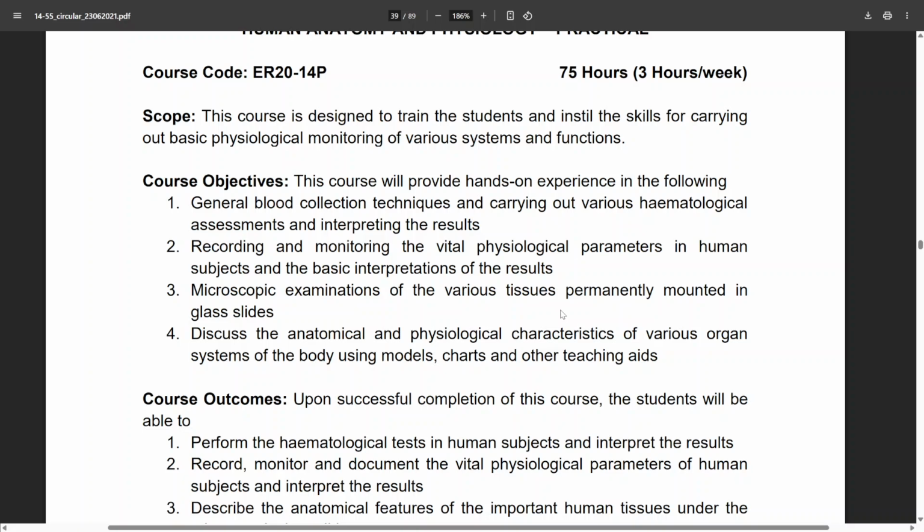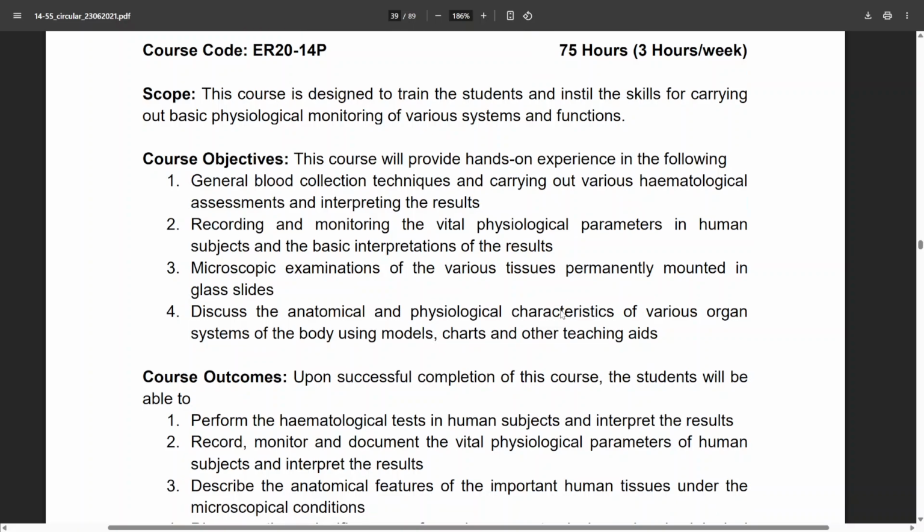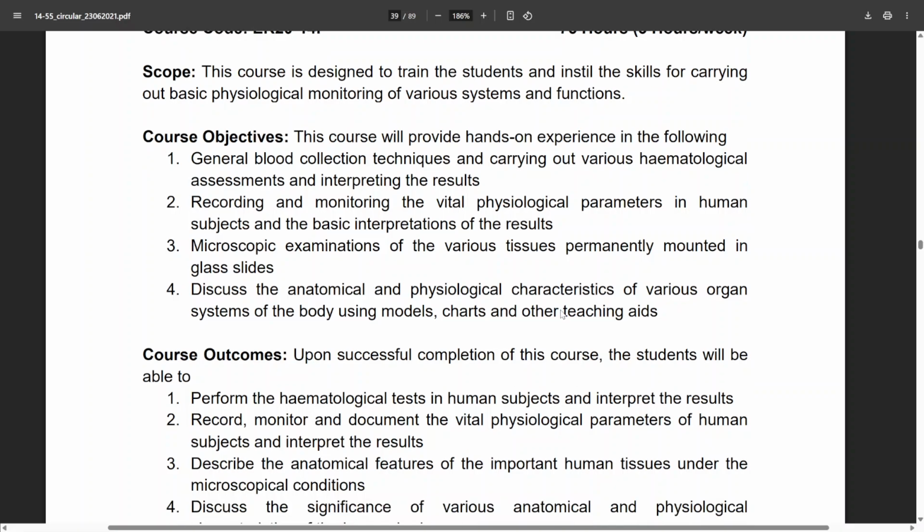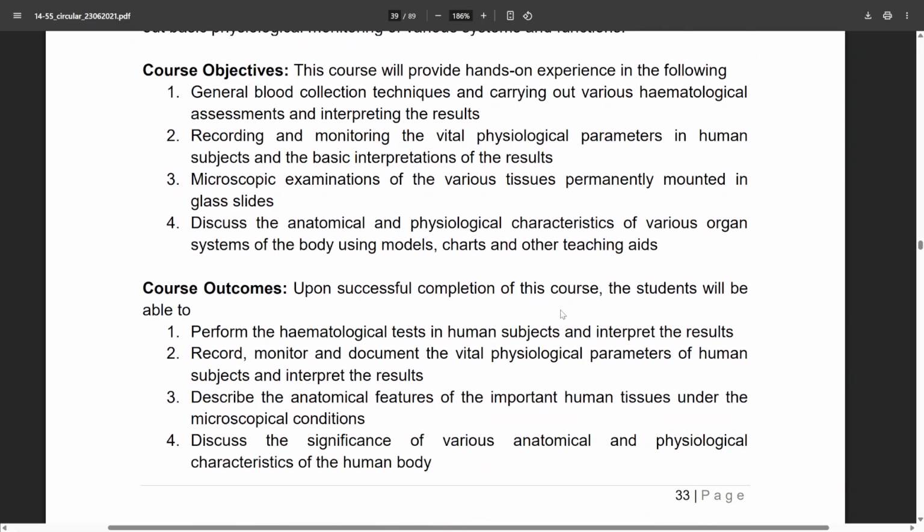Microscopic examinations of various tissues permanently mounted in glass slides. 4. Discuss the anatomical and physiological characteristics of various organ systems of the body using models, charts and other teaching aids.